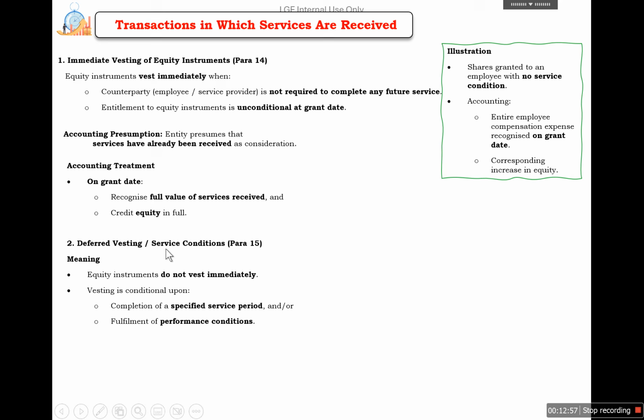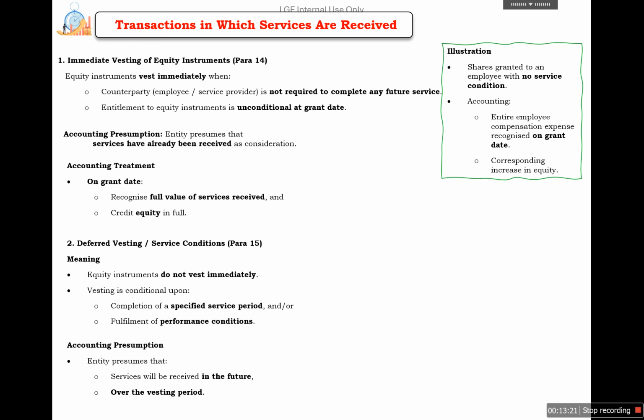This is where there is a service condition attached to the instrument that is issued. So in this case, equity instruments do not vest immediately and vesting is conditional upon completion of a specified service period, maybe 2 years, 3 years, 5 years, etc. And there may be fulfillment of a performance obligation also.